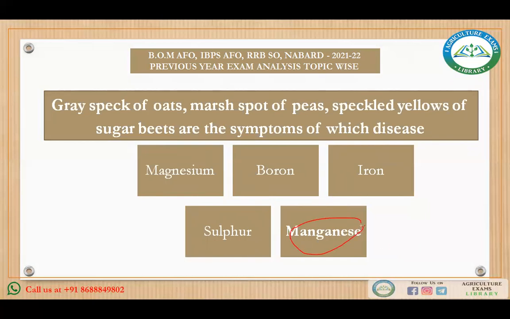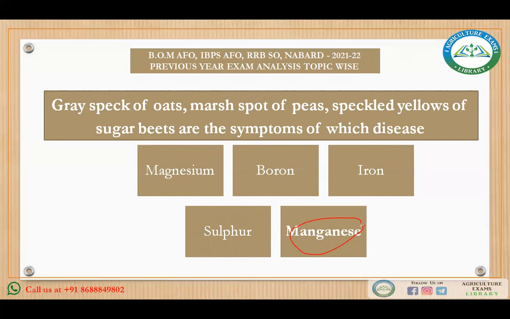I told you to remember the various diseases caused due to the deficiency of various elements. Like the diseases caused by the deficiency of zinc: white bud of maize, khaira disease of rice, and little leaf of cotton. Due to the deficiency of boron: top sickness of tobacco, fruit cracking of tomato, hard fruits of citrus, hen and chicken disease of grape.